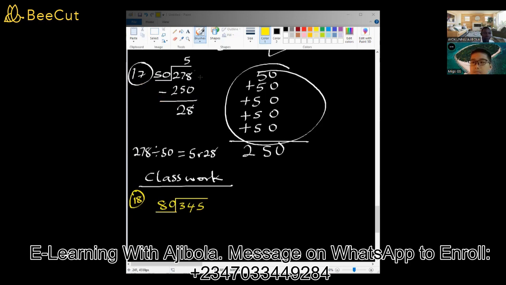You can also follow the example, okay? Look at my example. I said 50. How many 50 in 278? I started adding 50 until I was close to 278. And when I got one that is close to 278, that if I had another 50, it's going to be greater than 278, then I stopped, okay? So yours is 80, not 50. So it's 80 you're going to work with while I work with 50 here, okay?